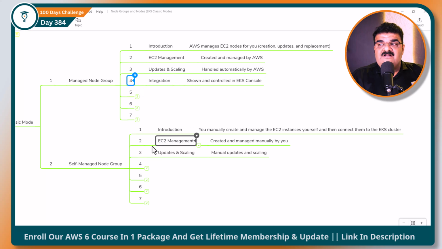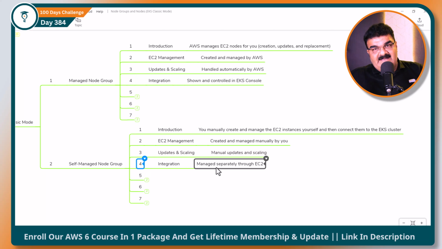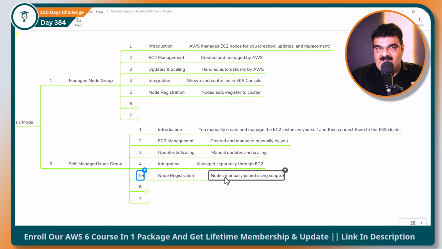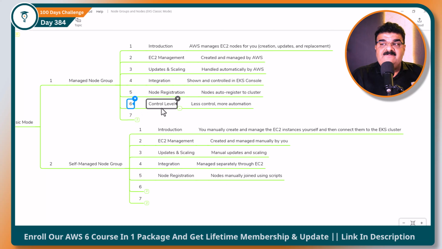Integration: shown and controlled in the EKS console, so you don't need to go to the EC2 console. Here you are creating EC2 instances manually and connecting them with your control plane, so you have to manage this separately from the EC2 console. Node registration: it is automatic, versus here we are manually joining these nodes to the control plane by running a script.